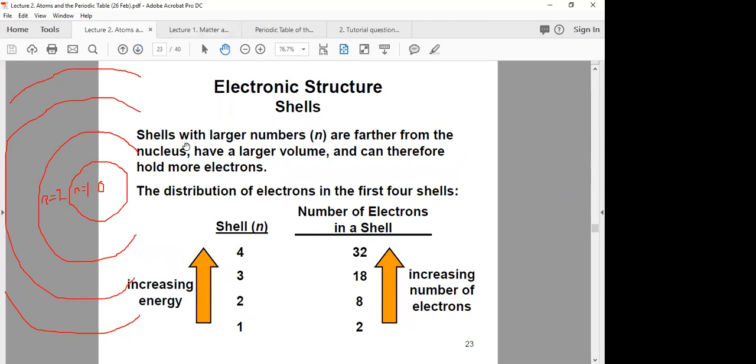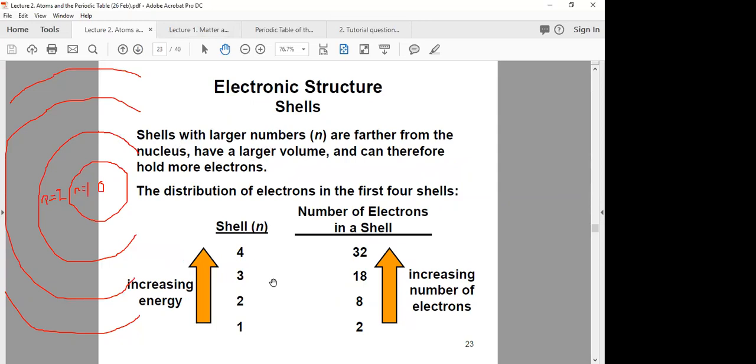All right. So the shells with larger numbers are further from the nucleus, so they have a larger volume and can therefore hold more electrons. So N equals 1 can only hold a certain number of electrons. N equals 2 can hold a few more. N equals 3, more again, and so on.